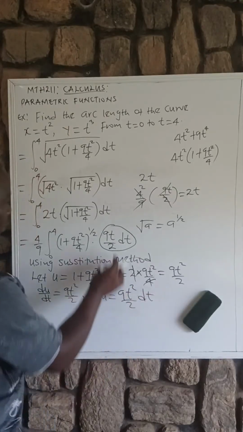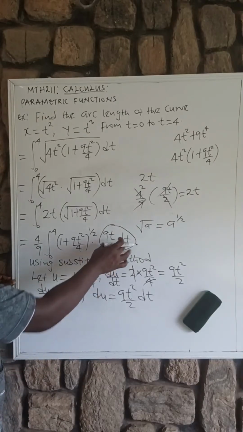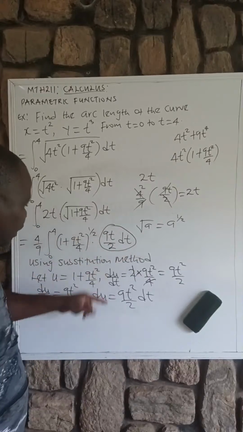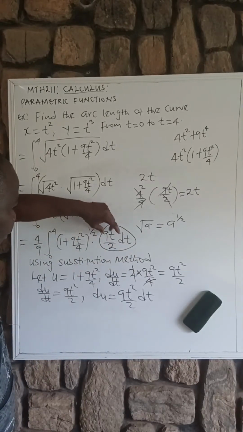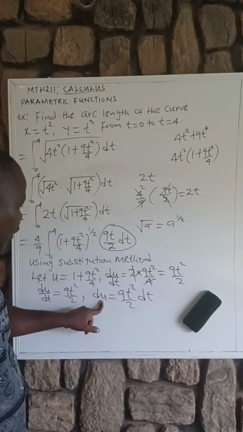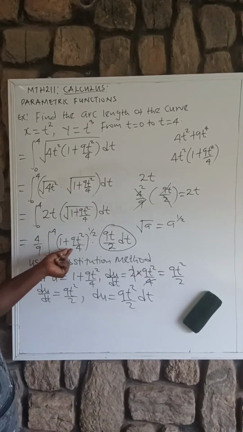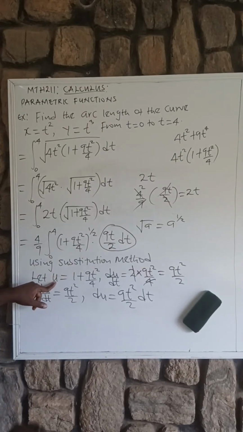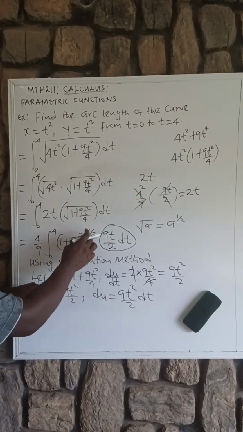True or false? So inside this integral, we are able to substitute in. Inside this integral, here means du. Take note. Then inside this bracket is what? Your u. But mind you, we have it raised to the power of what?